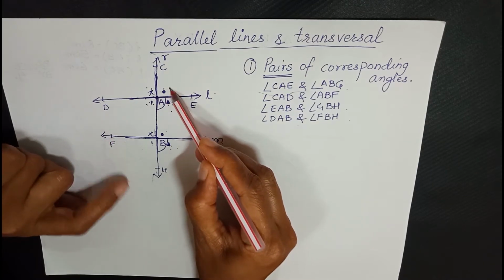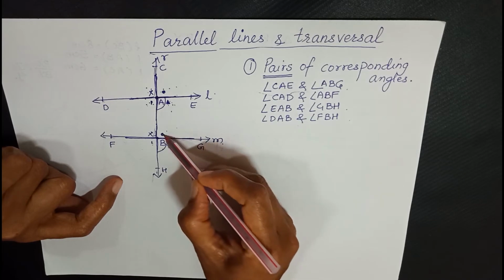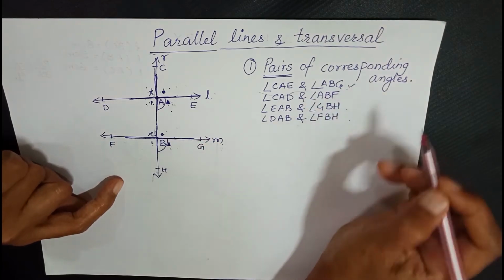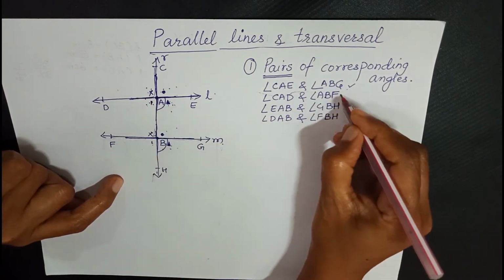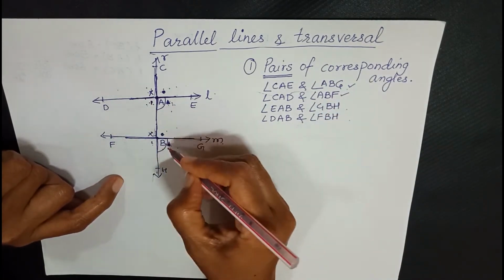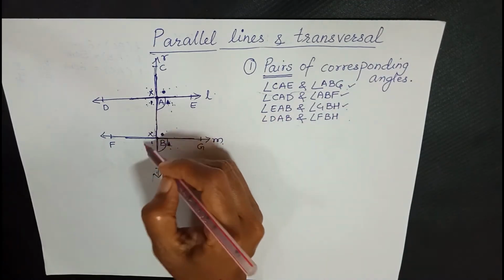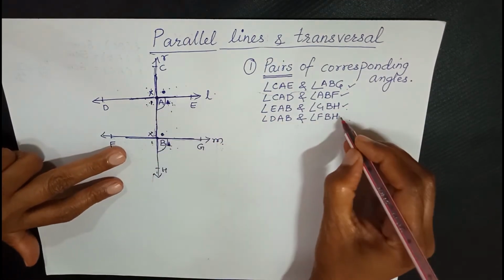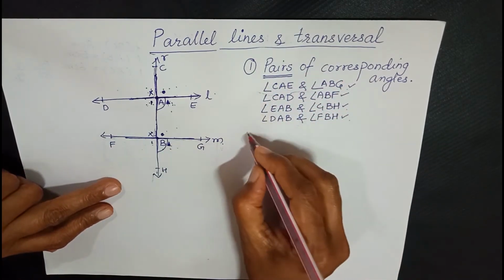One above the parallel line on the right hand side, again one above the parallel line on the right hand side: this is the first pair. Second is on the left hand side above the parallel line. Third is below the parallel line on the right hand side. And fourth is below the parallel line on the left hand side. So we got four pairs of corresponding angles.